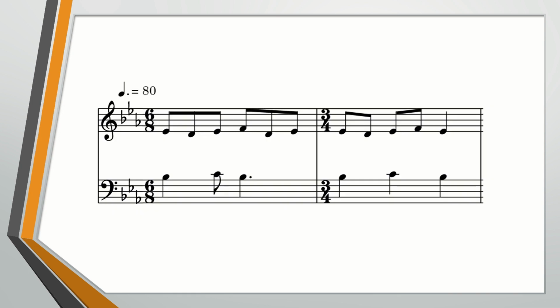Now, let's look at some music in other time signatures. In the measure on the left, the music is in what is called 6/8 time. This means that there are 6 beats in a measure, and the 8th note gets a beat. But what's that dot doing next to the second quarter note in the bass clef? A dot next to a note means you are adding half of its value onto it.